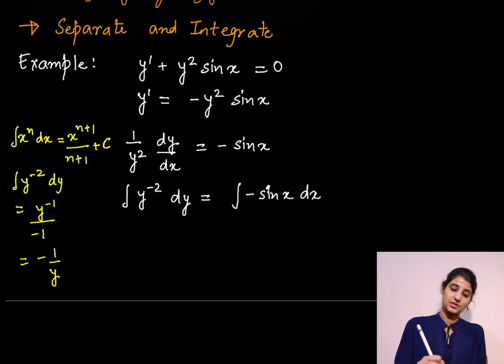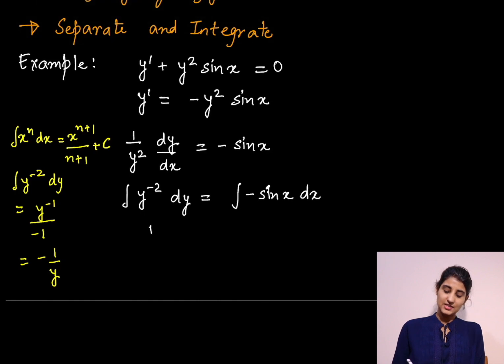So on the left hand side we have negative 1 over y, equals, the integral of sin x is negative cosine x, so negative of negative cosine x, that is positive cosine x, plus a constant of integration.